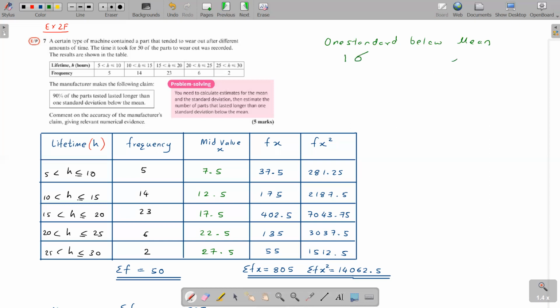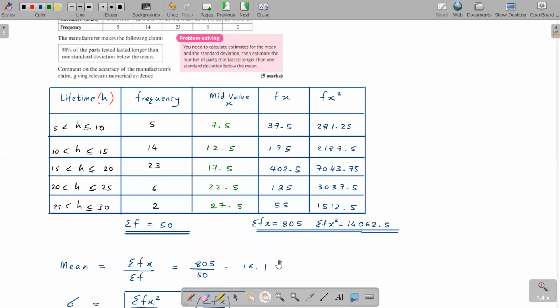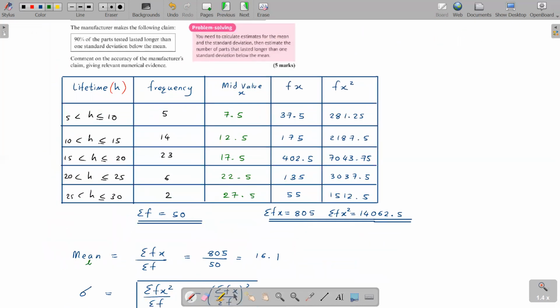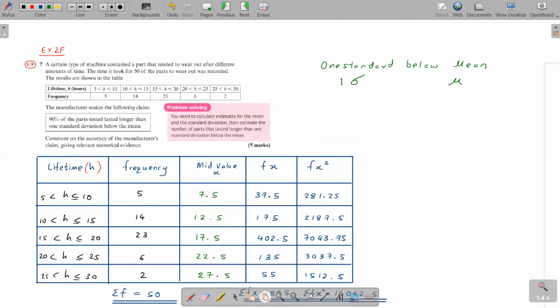Mean means the x bar, the mu. We give it by the term mu. Okay, the x bar, you use these letters. So one standard deviation below the mean means what? Obviously, the word below means you are going to perform an addition, subtraction, or multiplication? Below means it has to be a subtraction.